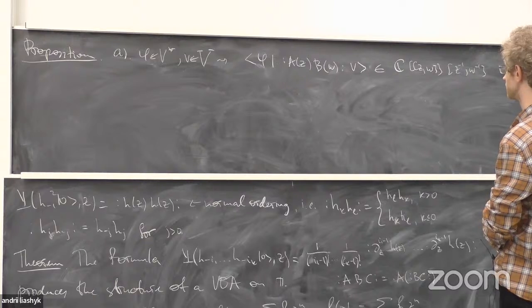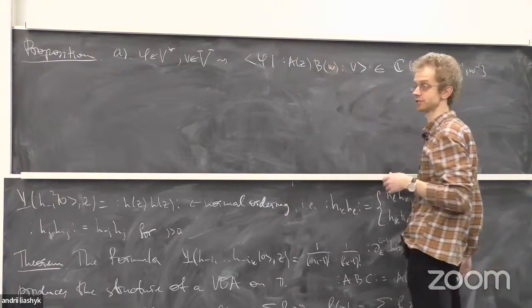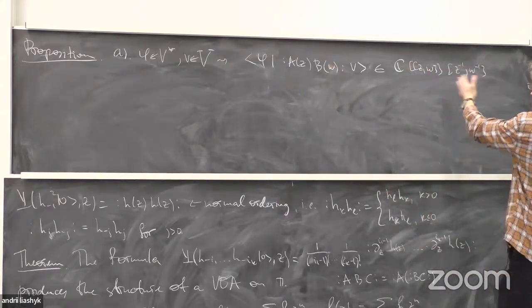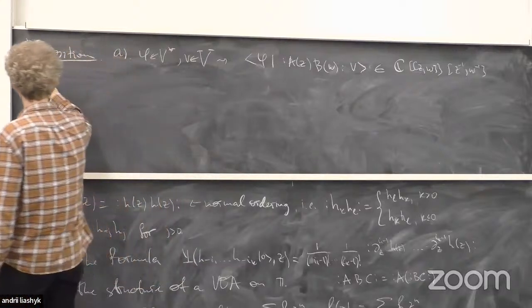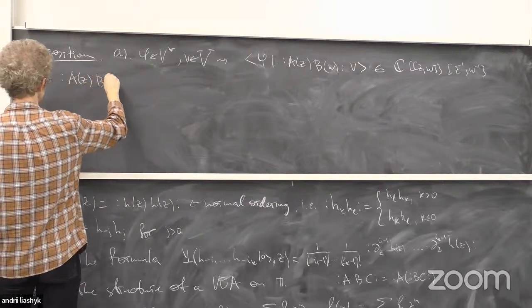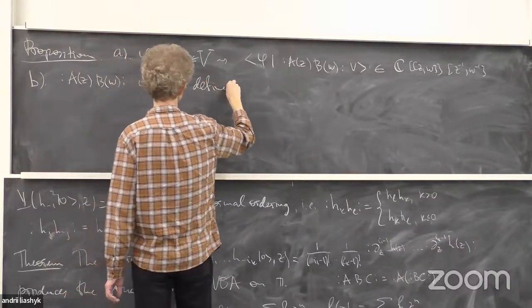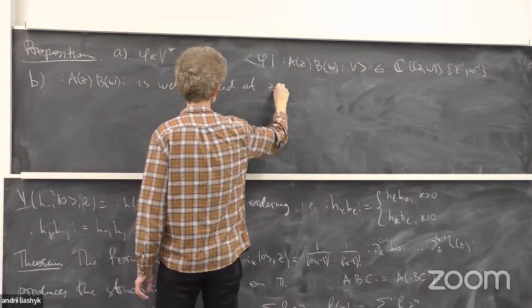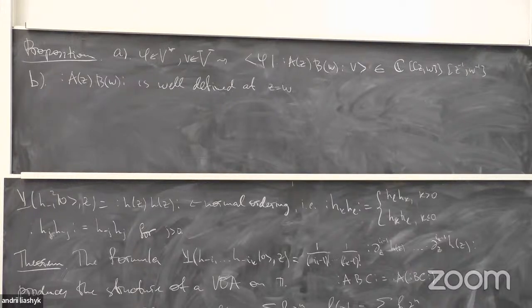I just want to say that the result of such an action belongs to this rather small space. And then the second part is that if the B of w is well defined at t equals w. There are probably a couple more properties, but let me skip them for now.